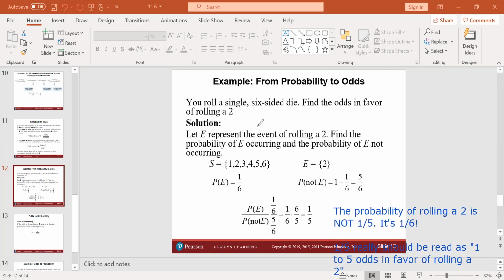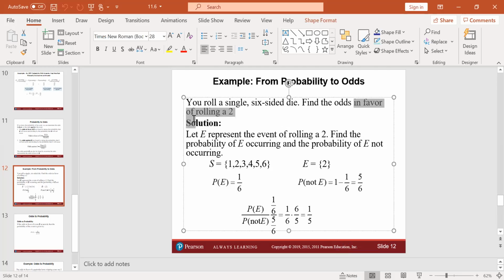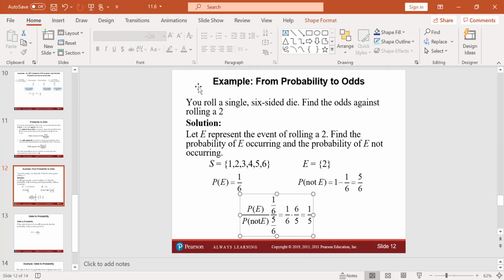Now, if we wanted to know the odds, say, against rolling a 2, we actually just flip this on its head. We do 5/6 over 1/6, which would reduce to 5 over 1.